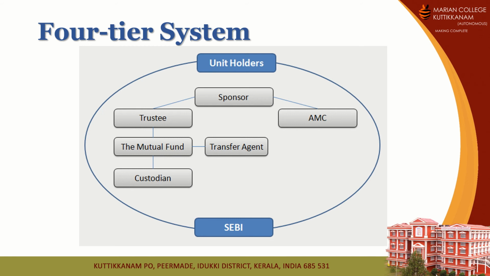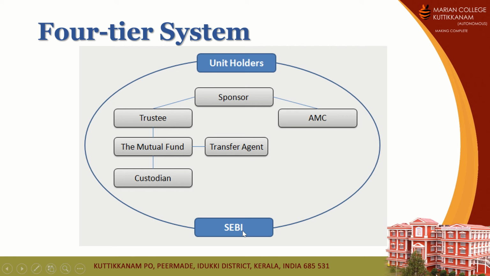So this is the four-tier system of mutual funds. Here we have the mutual fund, the transfer agent, the custodian and the trustee. We have the sponsor, the asset management company or AMC, and SEBI.